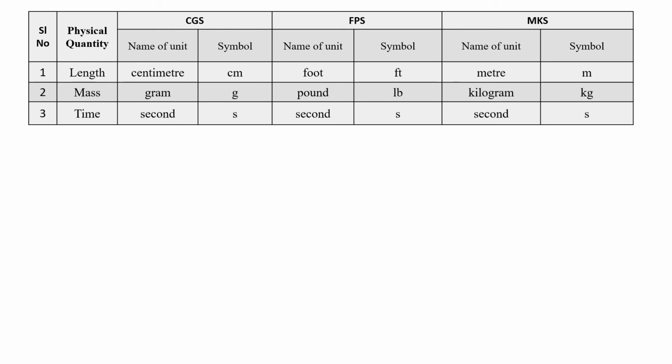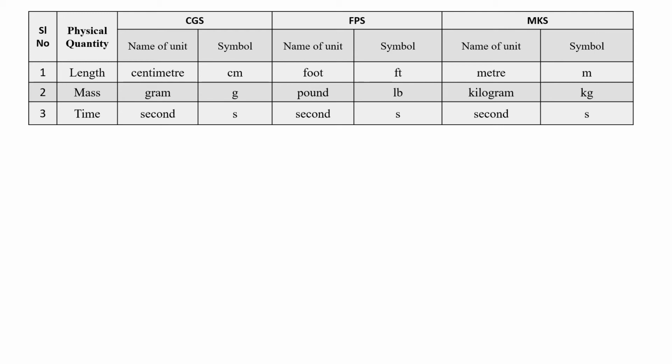This is a table showing the physical quantities in the CGS system, FPS system, and MKS system. The physical quantity length is represented in the CGS system as centimeter, symbolically cm, whereas in the FPS system it is foot, that is ft, and in the MKS system it is meter, symbolically m.